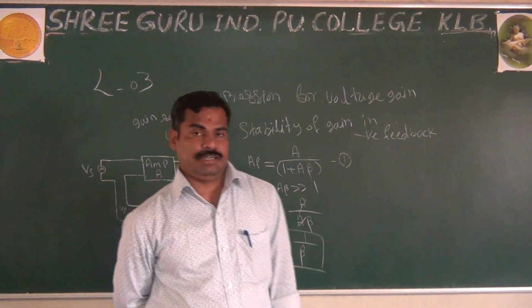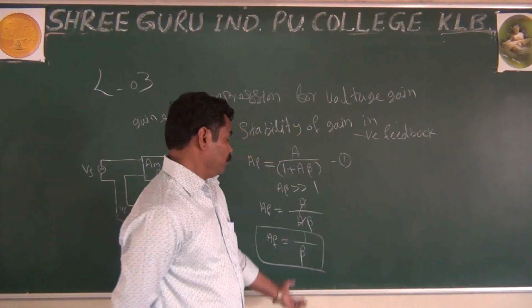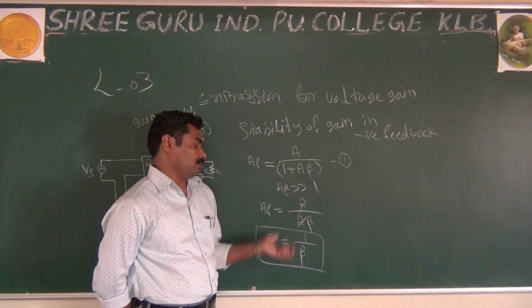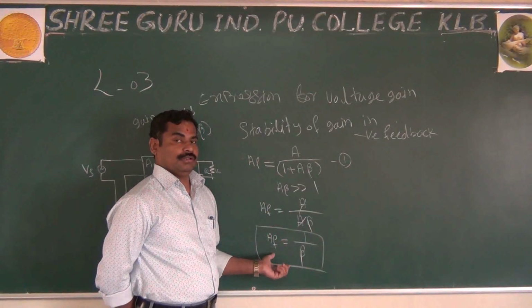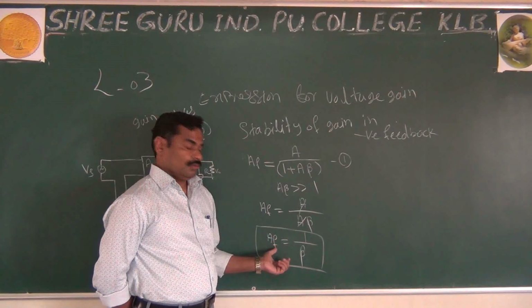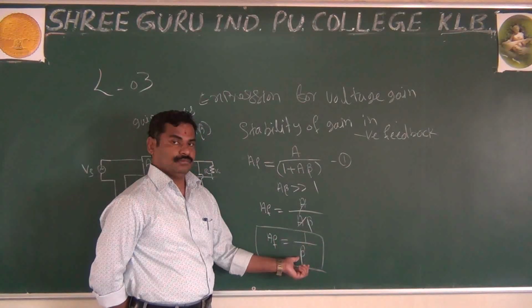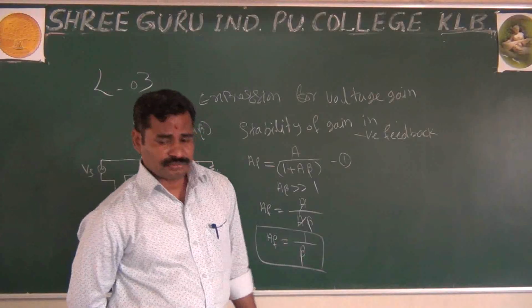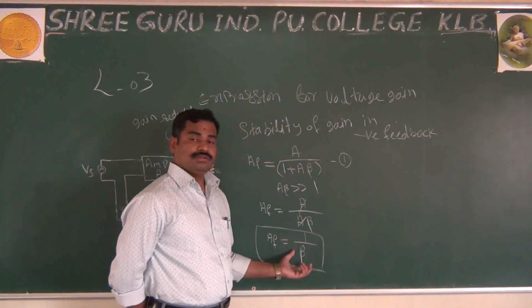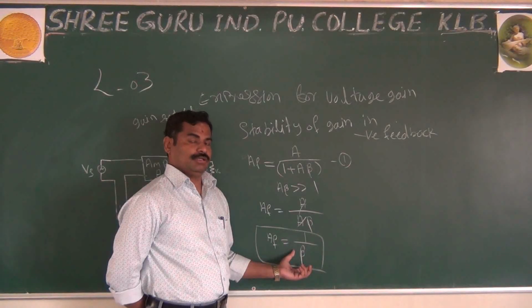That is the feedback factor. It means the overall voltage gain of your negative feedback depends only on beta, which is nothing but the feedback network.